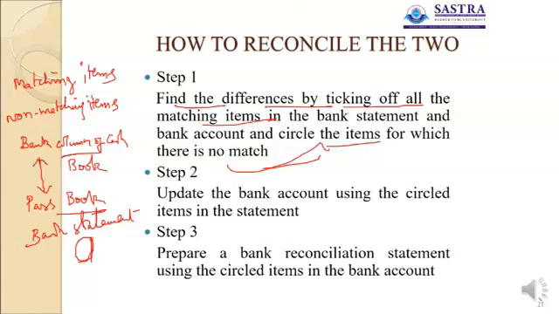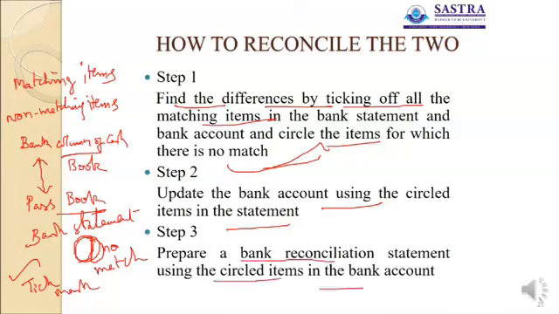So circle is for no match, and for matching items you just put a tick mark. For non-matching items put a circle, and update the account using circled items in the statement, and prepare a bank reconciliation using the circled items in the bank account.